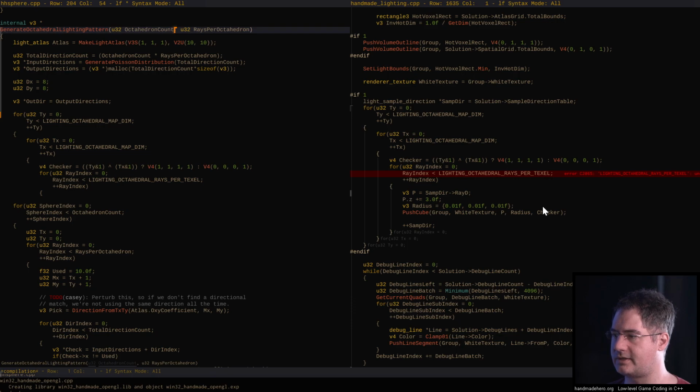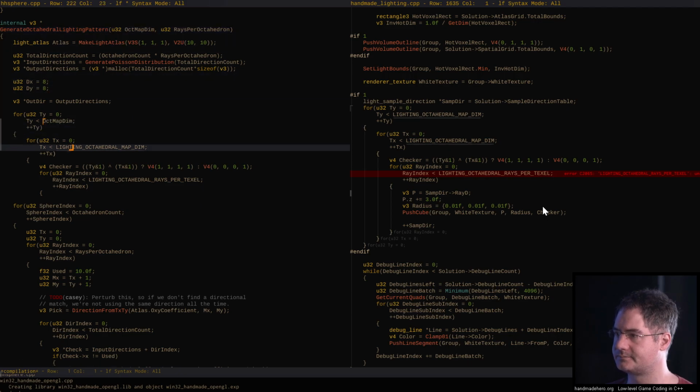We don't really care about that. So this is the dimension, right? This is the octmap dim here. So we loop over the octmap dim, and then we've got rays per texel. And the total number of directions here is this octmap dim squared times the rays per texel.